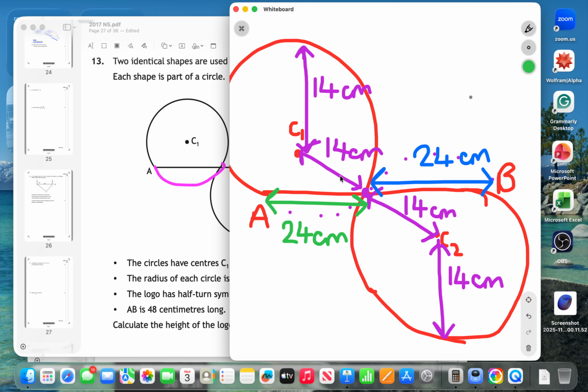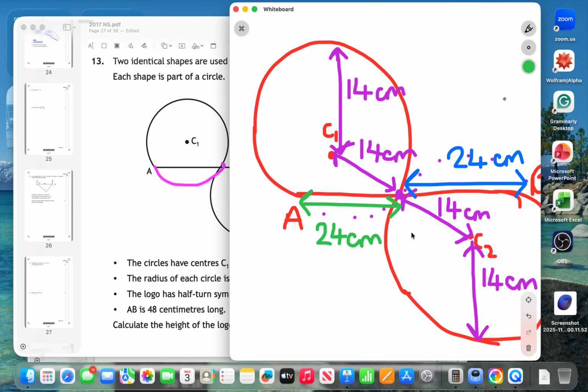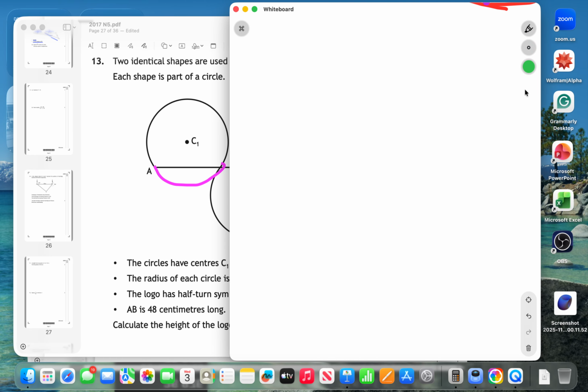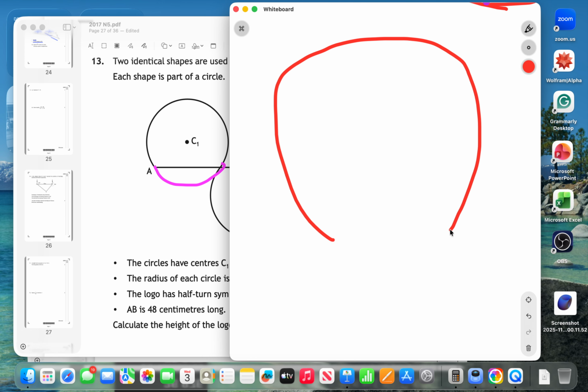I'm going to just sketch one of these because it's getting a bit tight for space, and we don't need both now because they're both the same dimensions.